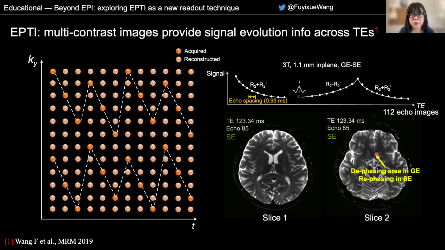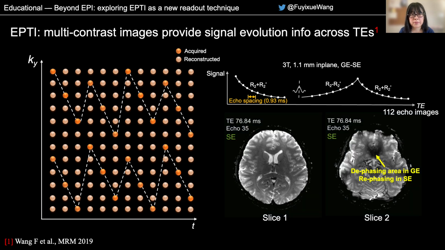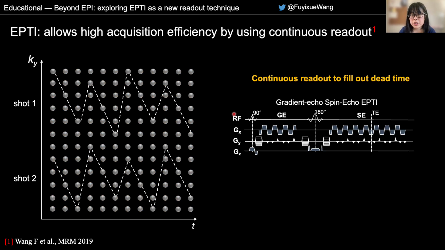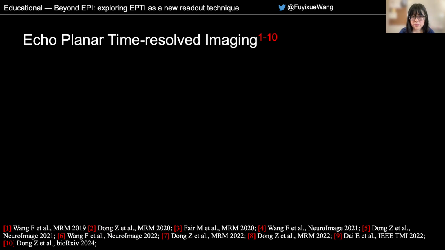And this is an example to show the time-resolved images can give a good representation of signal evolution across TEs. The continuous readout used in EPTI can be used to fill out any dead time in the sequence and achieve high acquisition efficiency. And this readout can be plugged into various sequences to provide efficient multi-echo or multi-contrast imaging.